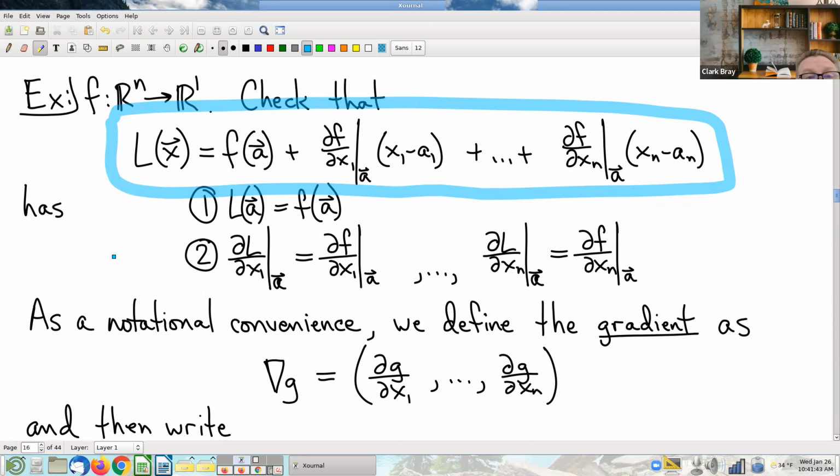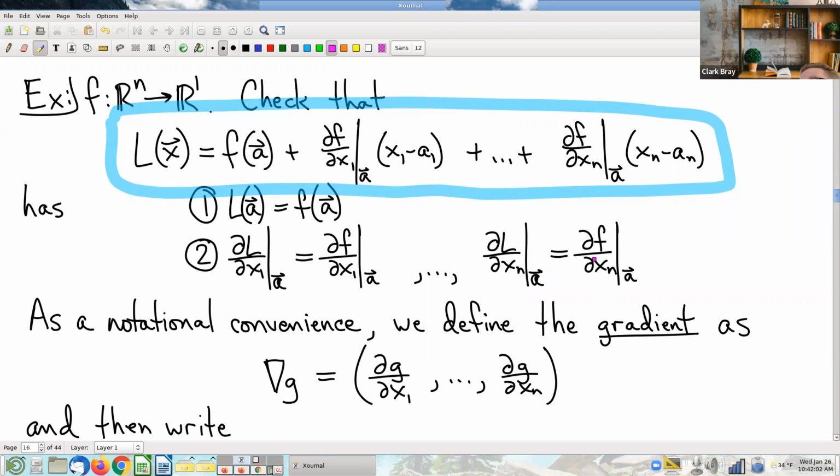To make that legitimate, I have to confirm that it has the same value as f. And now there are multiple partial derivatives, so I've got to make sure it has all the same several partial derivatives as the function f. So a couple of calculations and we win.